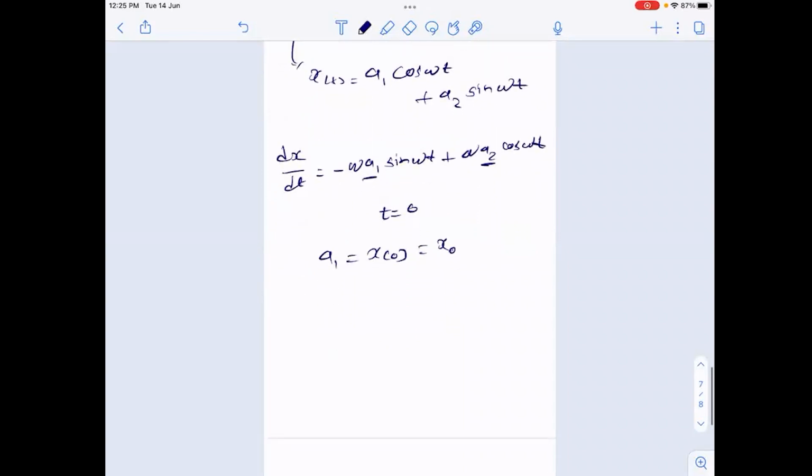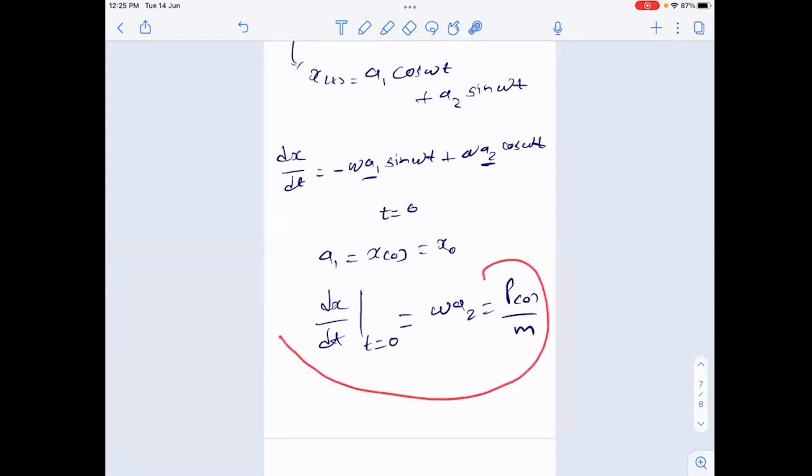And then from dx by dt at t is equal to 0, we can say that omega a2 will turn out to be p at t is equal to 0 by m. How did we get here? Don't get confused.